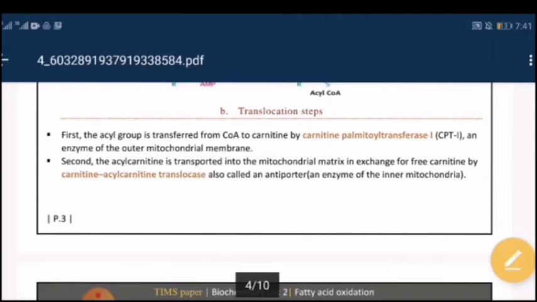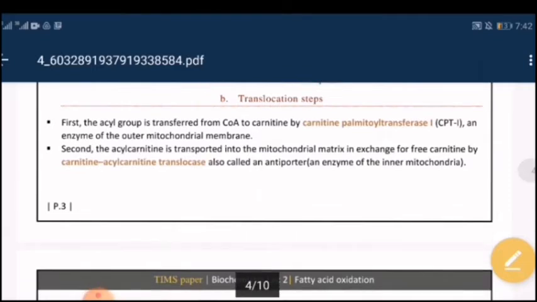As it enters the matrix, a free carnitine goes outside using the same translocase, known as carnitine-acylcarnitine translocase. It's also known as an antiporter, and this is an enzyme of the inner mitochondrial membrane.